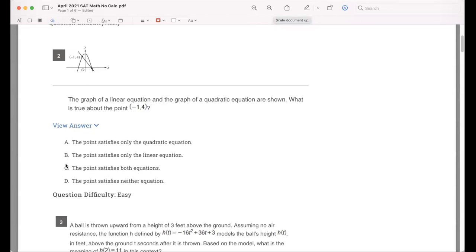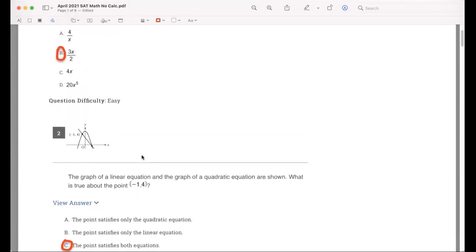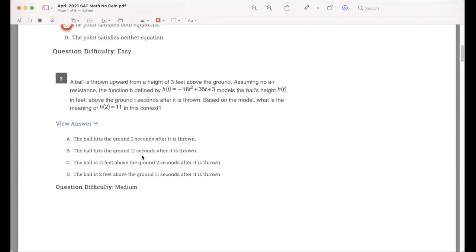That is option C is the correct answer. Wait, I'll have to make this change on the PDF. So let's clear this and let's choose C. Okay. So we've got the first two questions.